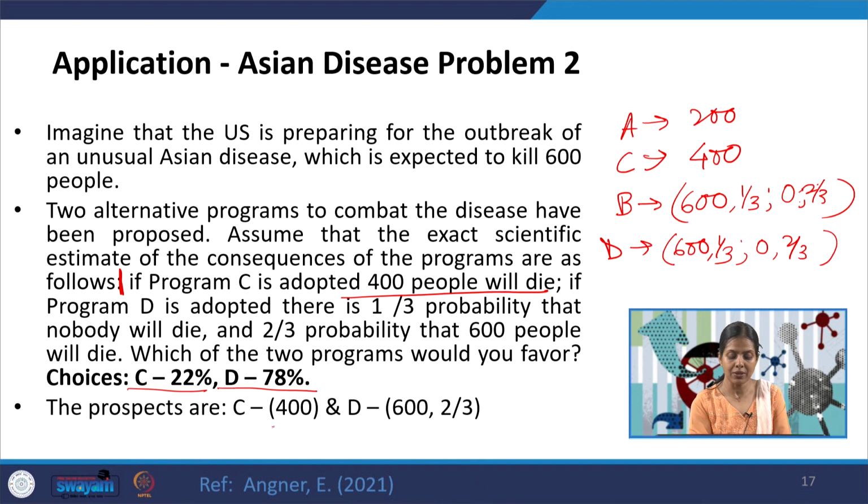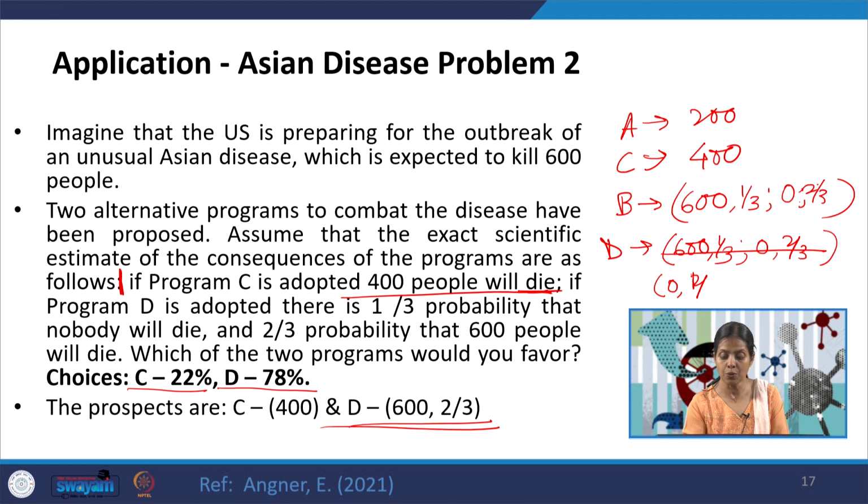However, we would be writing D as 600 2/3, because here we are actually writing things in terms of how many are dying. Prospect D is actually written as 0 1/3, and 600 2/3: there is 2/3 probability that 600 people will die. So, if I consider how many people are going to die, then 600 people are going to die.